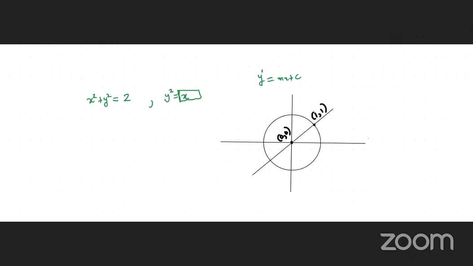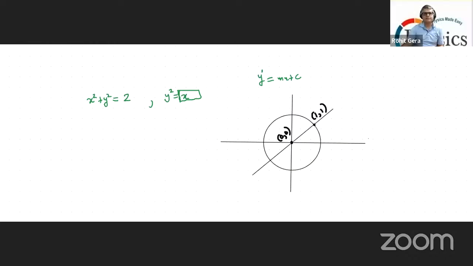The answer: x raised to power 3 by 2, from 0 to 1, and root 2 square minus x square, which is under root of a square minus x square. Then double it, because you are finding only the upper part. The lower part is the same, so multiply this by 2 and this also by 2.